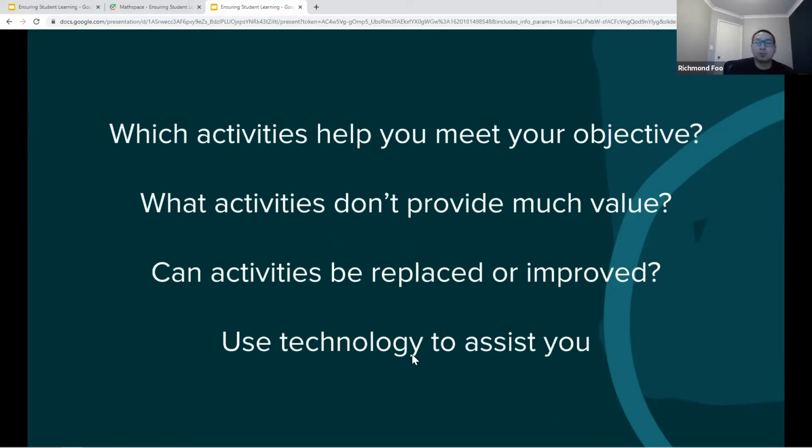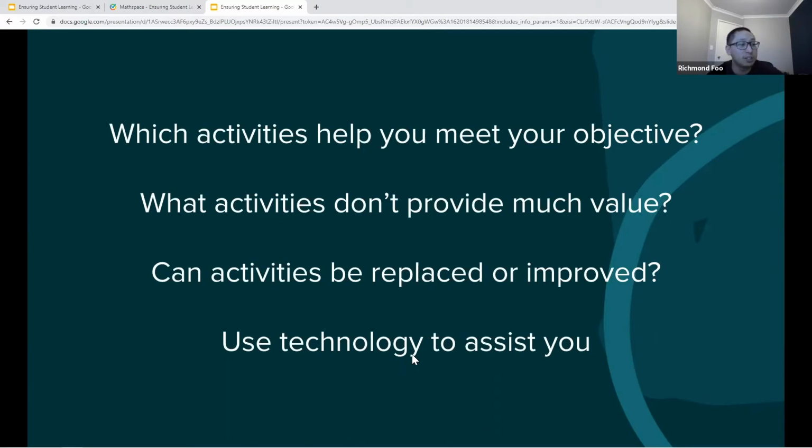What are you doing that's really helping you meet your objectives? Then leave them as they are. But the more pertinent question is, what doesn't provide much value? And can those activities be replaced or improved upon? And again, technology is your friend. It does all the heavy lifting for you.